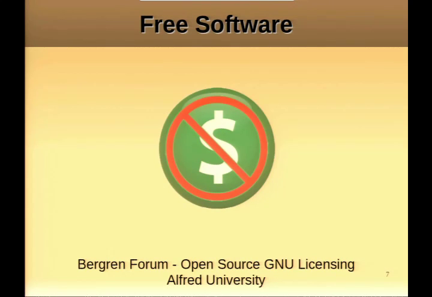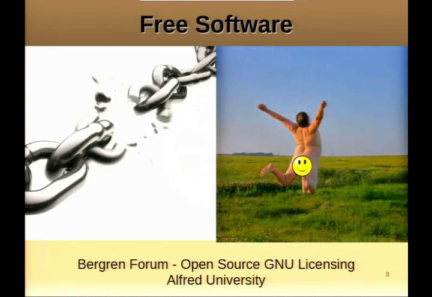The ultimate purpose of the General Public License and of open source software is to be free, not in cost, but in freedom. It's open. It's whatever we want it to be. We can redistribute it. It is free. So for the remainder of this forum, when I say free, I am referring to freedom. If I'm referring to cost, I will say no cost.